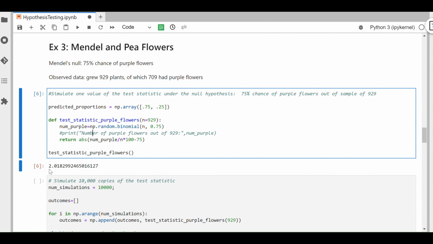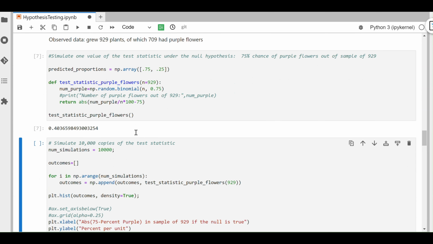I don't know from this output whether or not I was above 75 or below 75 by 2. This was either that my observed number of purple flowers was like 73% out of my sample or 77%. That's fine, because I'm just looking for a difference in either direction.